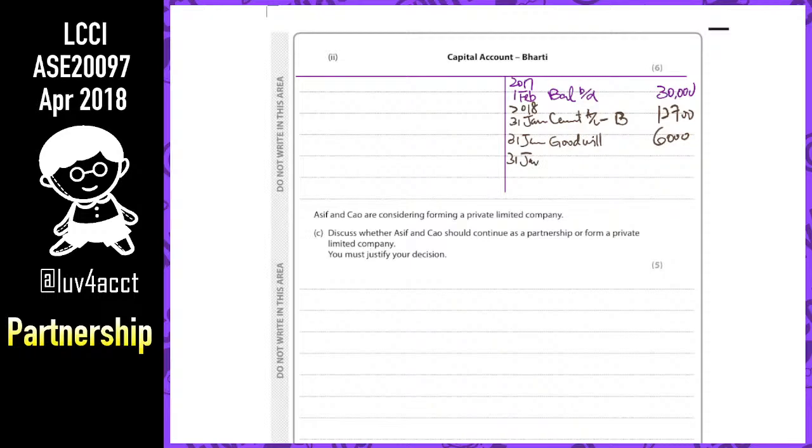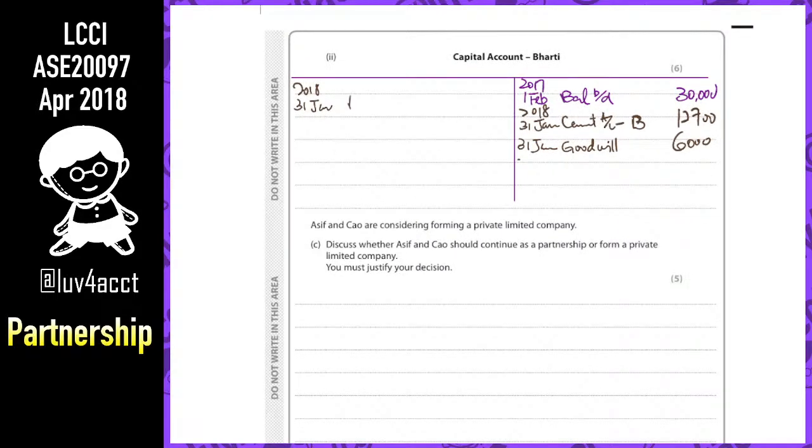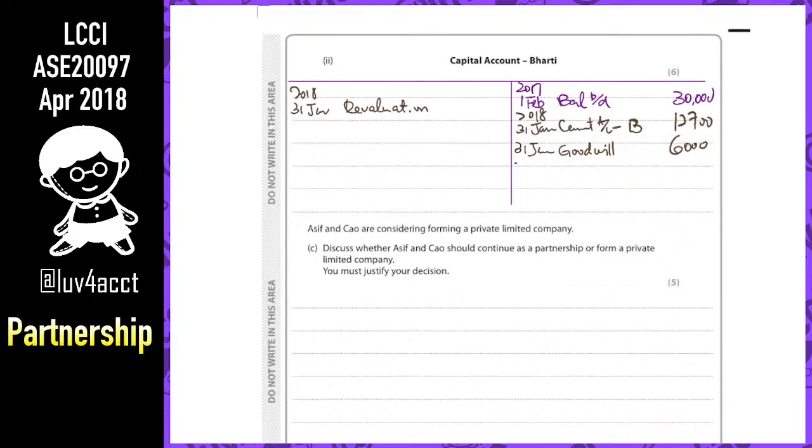We have revaluation. I almost forgot. 9,000 revaluation loss, not gain. Loss on revaluation. Year 2018, the 1st of January. Okay, revaluation here, 9,000.